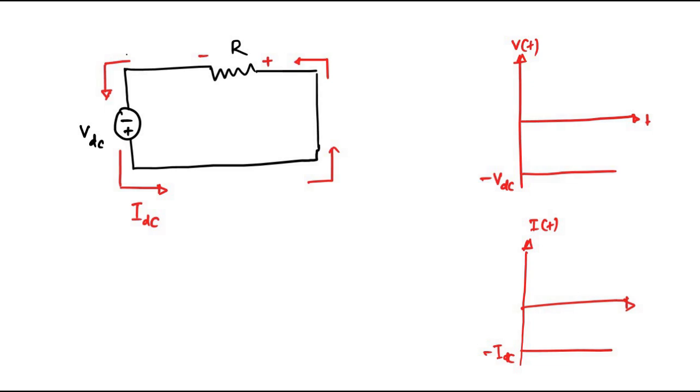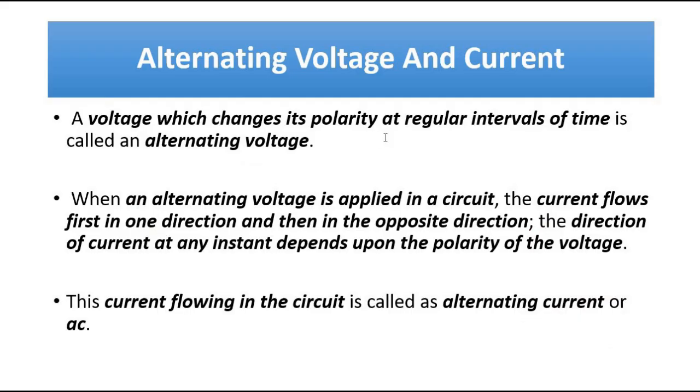Next is alternating voltage and current. It is just the opposite of DC. In alternating voltage, the voltage changes its polarity at fixed regular intervals of time. So it goes something like this.